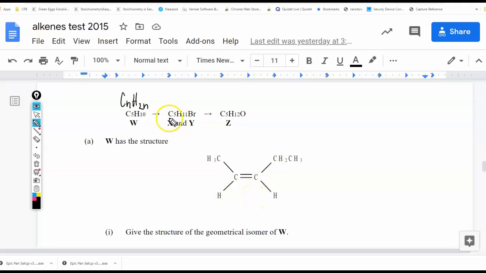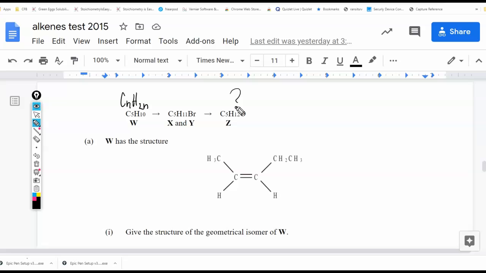And we can have an X and a Y when we add a Br to it. In other words, we're going to have two possible products here when we add the X and the Y to it. And then we're going to come out with Z at the end here. And Z, this Z part might not be what we have learned anything about yet, but we're going to answer the parts that we can answer.